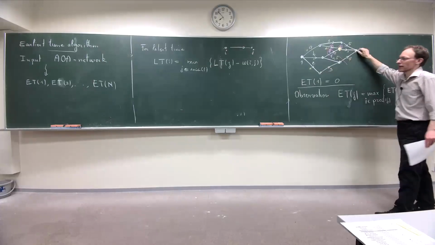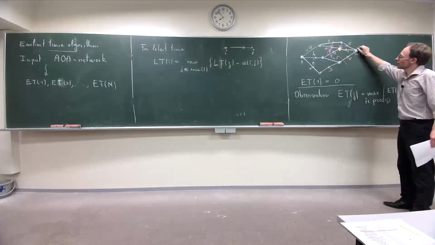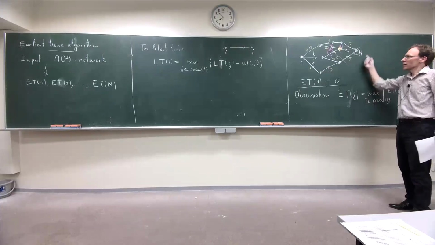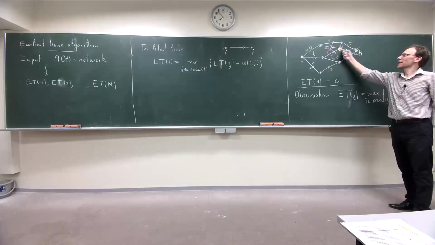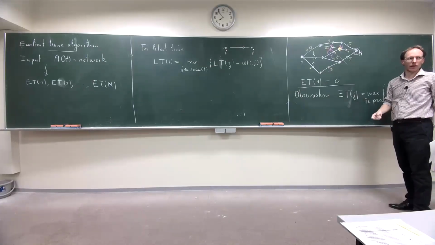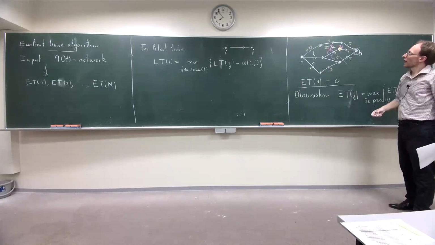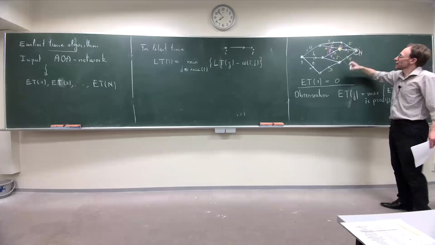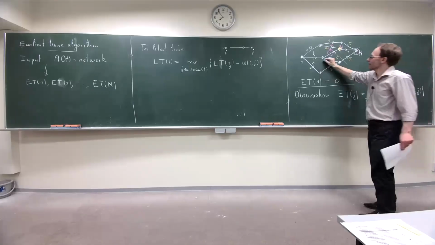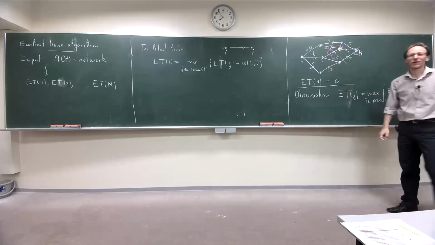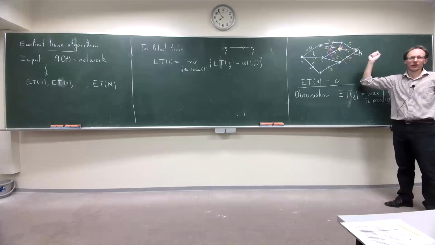So you go to the next one, you look at its latest time and you go backward, because you need exactly this time to do this activity. Here it's easy. Let's take this one as I, because here we have only one after.